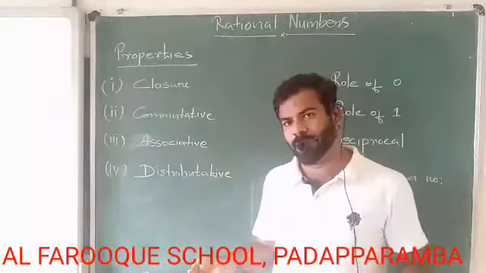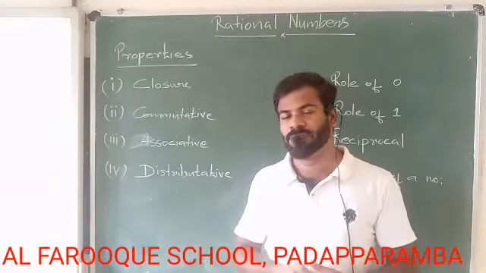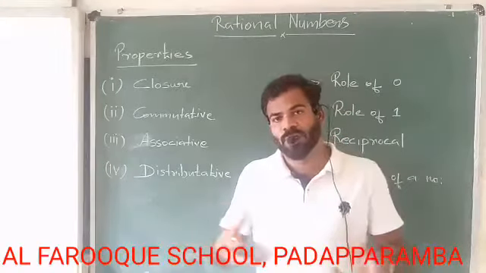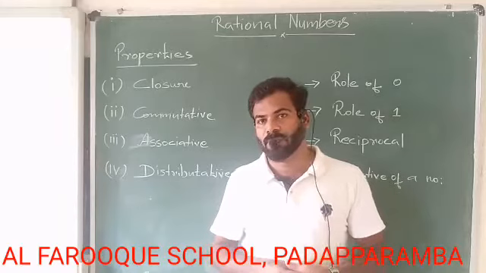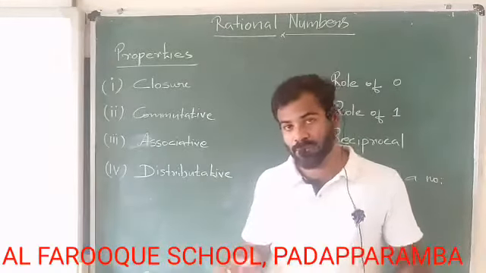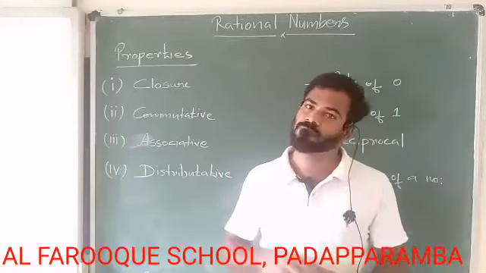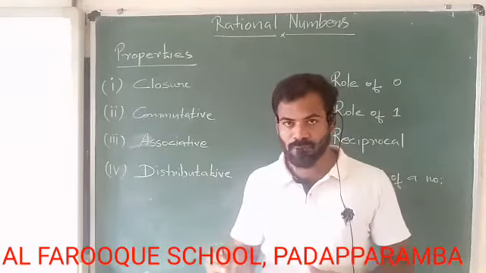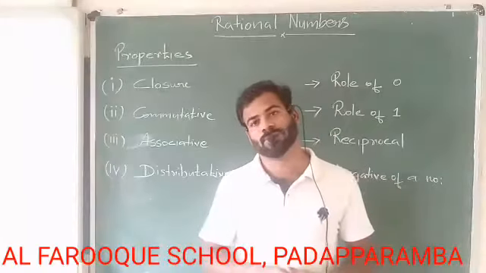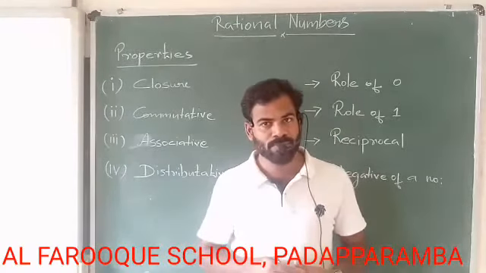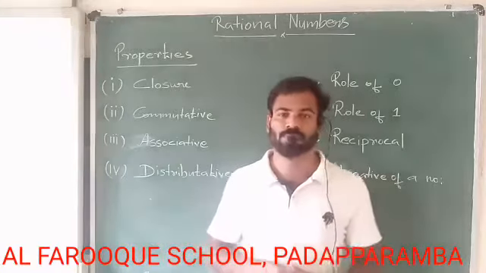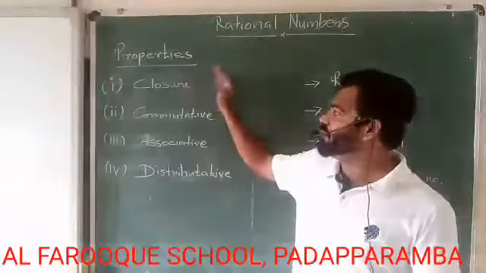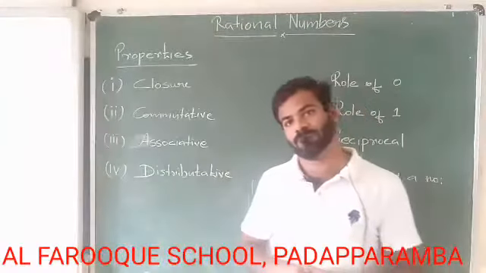Now again, what about multiplication? Multiplication is closed. Why? If we take any two natural numbers, the product belongs to natural numbers. So natural numbers are closed under multiplication. But in the case of division, natural numbers are not closed. So these are the primary definition of closure property.